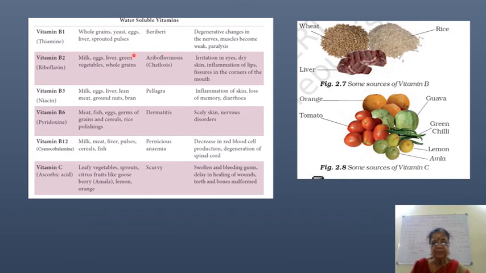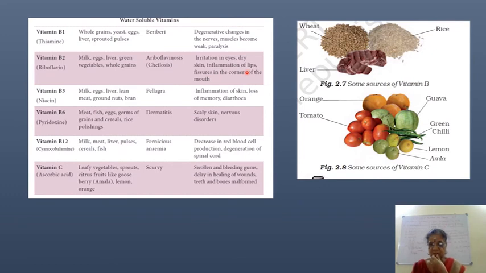Then vitamin B1 thiamine இல்லைன்னா it causes beriberi. என்ன symptom? Degenerative changes in nerves, muscles and it causes paralysis. Then riboflavin is a must and its deficiency causes ariboflavinosis, irritation in eye, dry skin, inflammation of the lips.